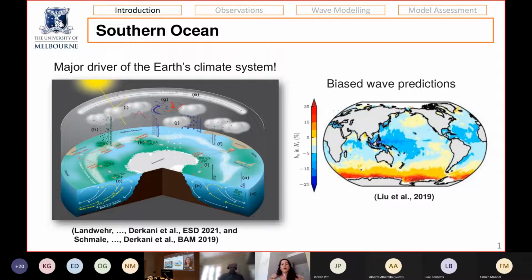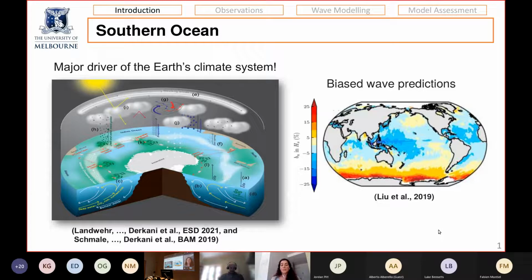The combined effect of these fierce waves and the Antarctic Circumpolar Current makes a deep mixed layer in the region that gives the Southern Ocean the capacity to store heat and gases more than any other latitude band on Earth, making it a major driver of the Earth's climate system. Here on the left, you can see some of the main processes in the Southern Ocean, including the track of the westerly wind and the CO2 uptake.